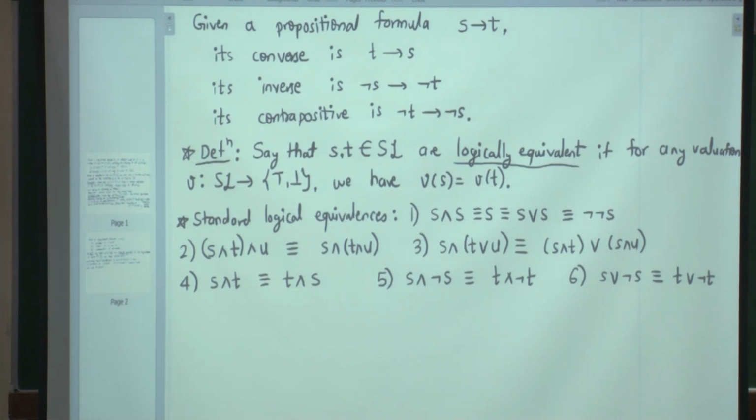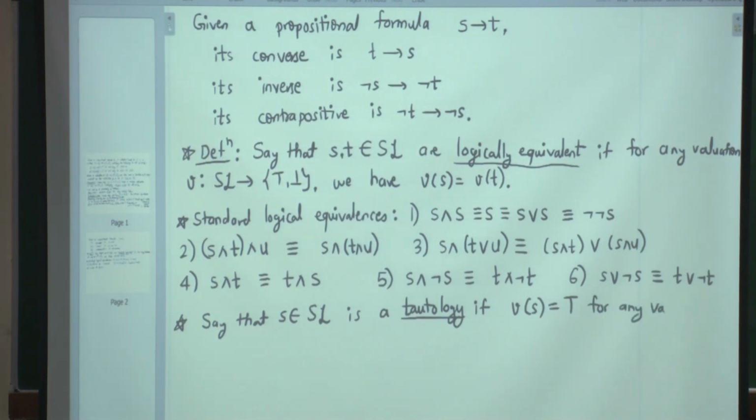Okay. So, I am going to write a definition. Say that S in SL is a tautology if V of S is equal to true for any valuation V. Tautology is some statement which is always true.